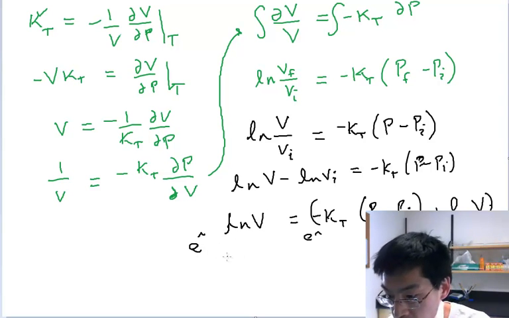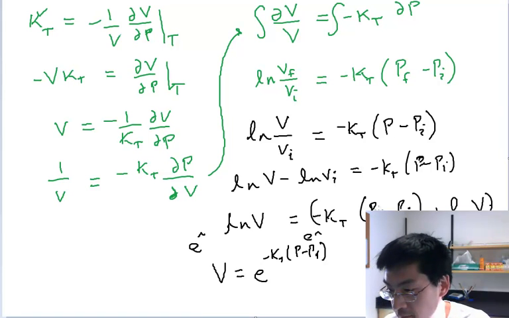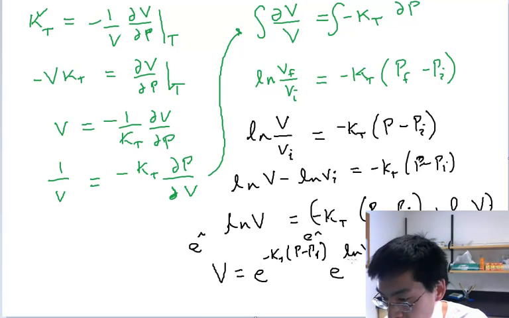Okay, so e to the power of ln of anything is just that thing. So now this is V equals e to the power of negative kappa T P minus Pi. Now, e to the power of two things added together is the same as e to the power of the first thing times e to the power of the second thing.